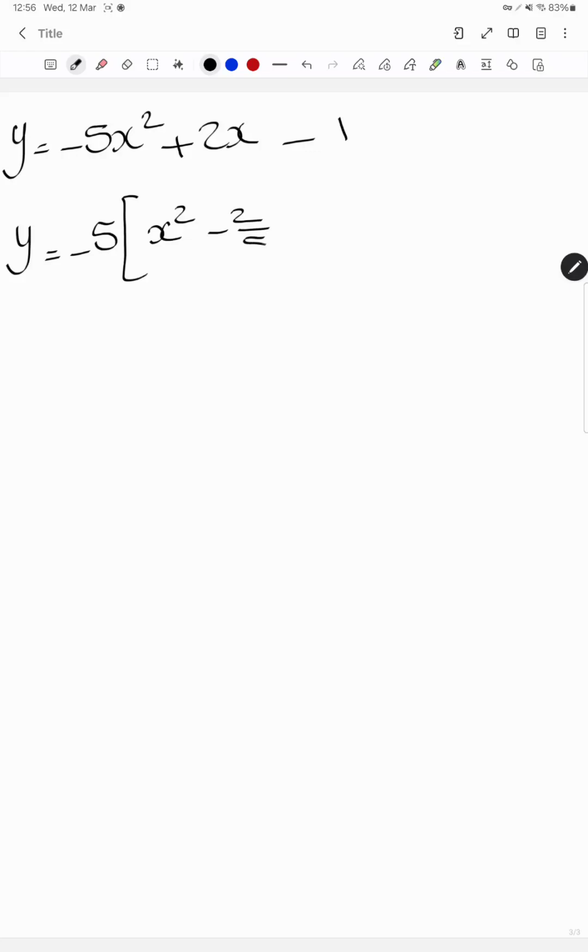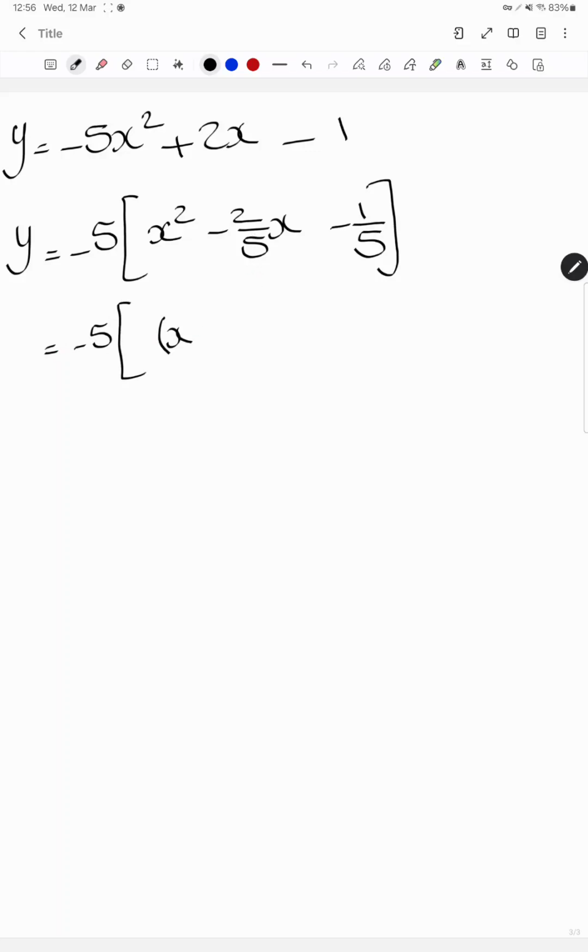Let's do one more example of this. Say I had -5x² + 2x - 1 equals y. Let's make it really hard. I'm going to take the minus 5 out, which gives x² - 2/5 x + 1/5. Same thing, keep the minus 5.